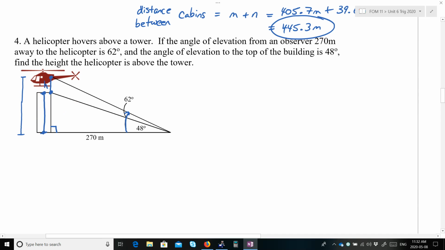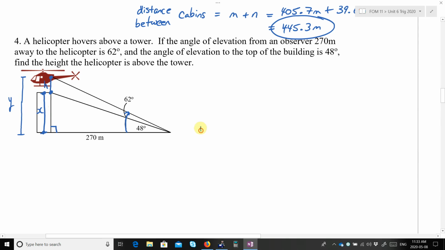And when I subtract those two lengths, then it should leave me this small little piece. Okay, so if I take the whole height and I subtract off the height of the tower, it should leave me the height that the helicopter is above the tower. Okay, so why don't we call this one y and this one x?